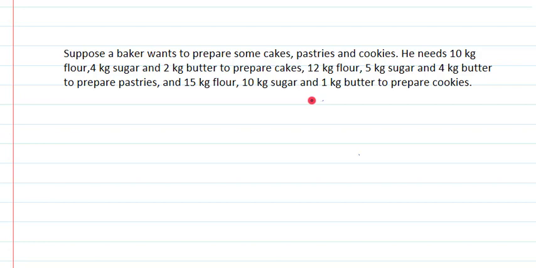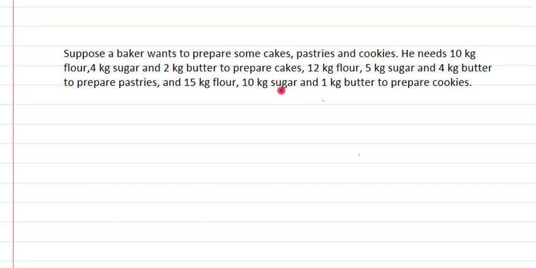So, can we find out any other way to write this information so that it is easy for the baker to find out which item needs how much material for the preparation of that particular item? So, let us find out another way. Can you think of any way? Can you think of a solution to the baker's problem?